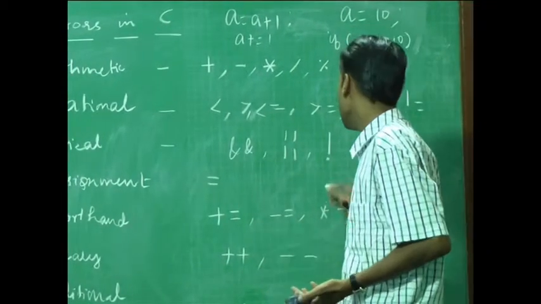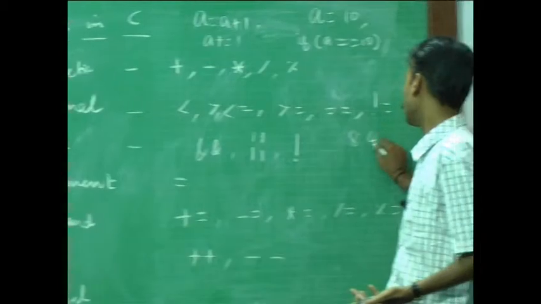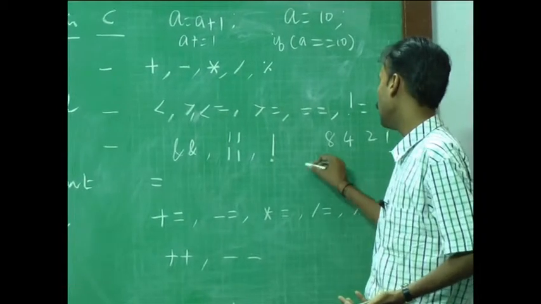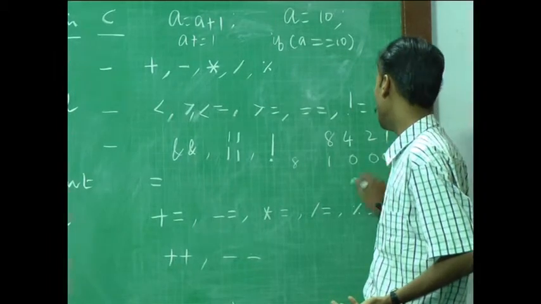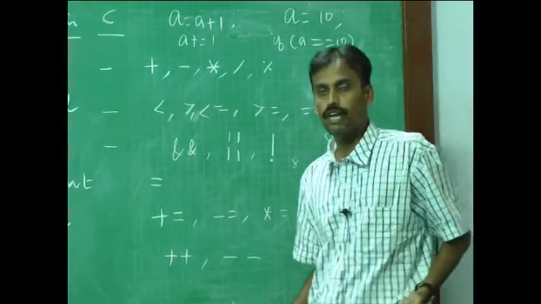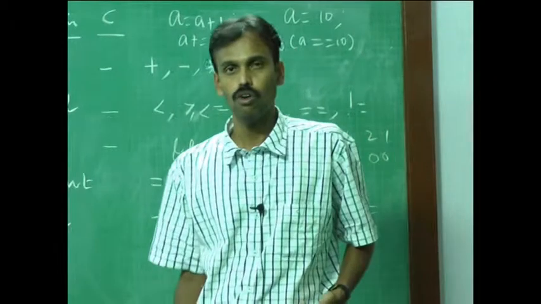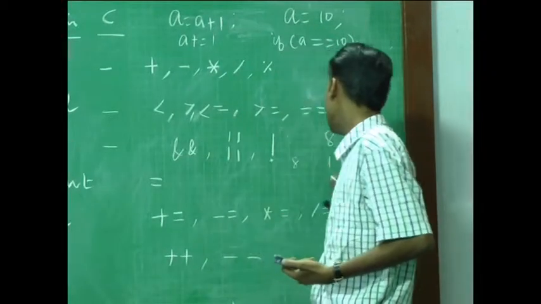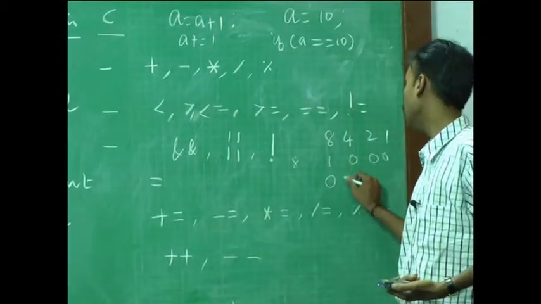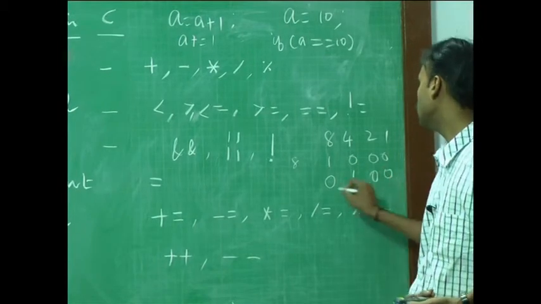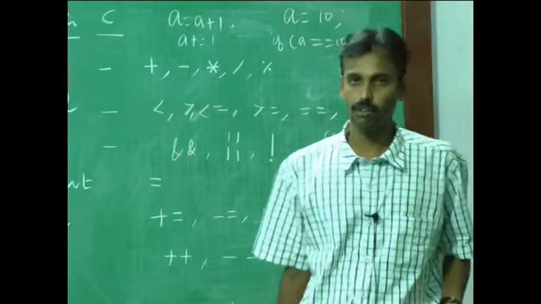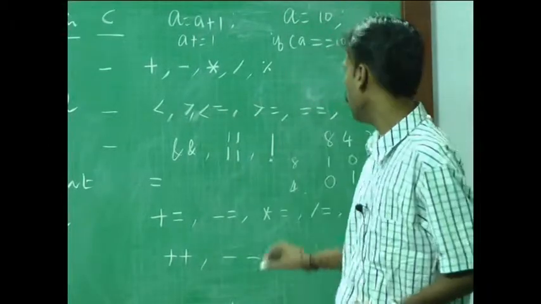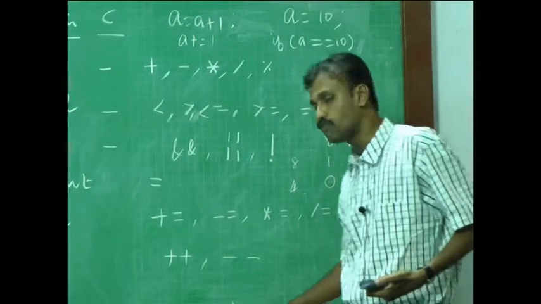Imagine everything is in an 8-4-2-1 format, where 8 gets represented as 1, 0, 0 and 0. I want to diminish the value of 8 by a factor of 2. What can I do? I can simply right shift the bits by 1 bit, by which it becomes diminished by a factor of 2. This is how I make use of these right shift operators.